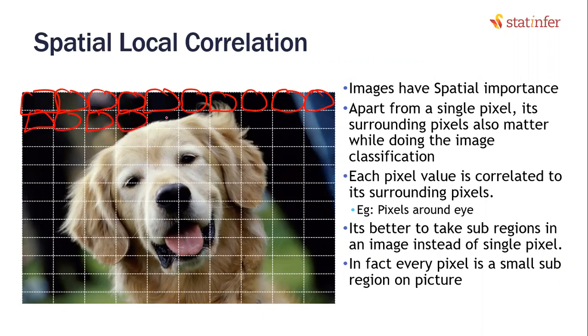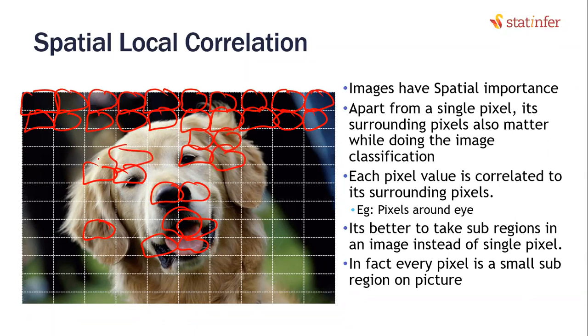CNN does not take every single pixel value as input. It takes sub-regions of the image as input. By taking the sub-regions, you can keep the spatial dependence intact. Yes, we will give respect to local correlation. That is the unique property of images.